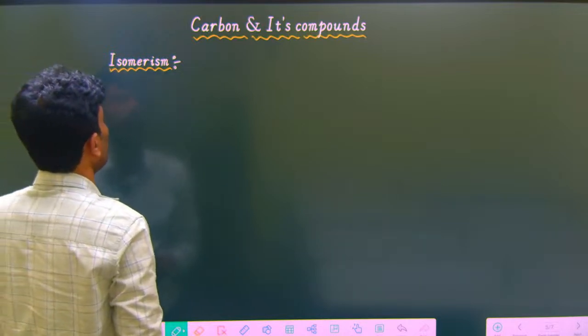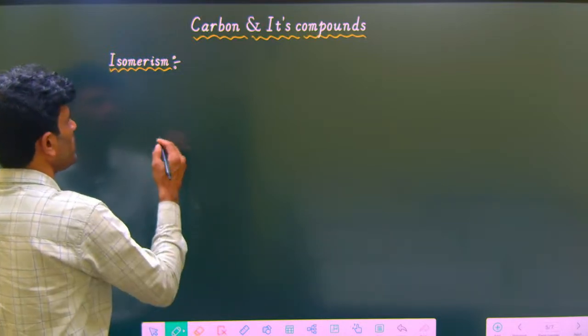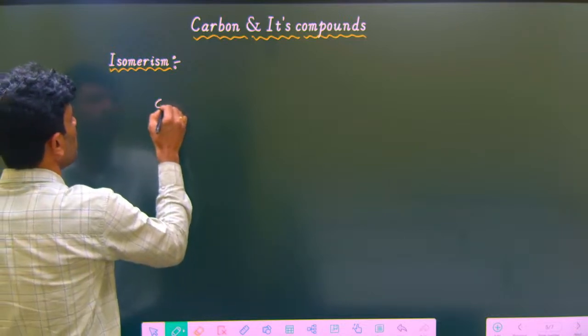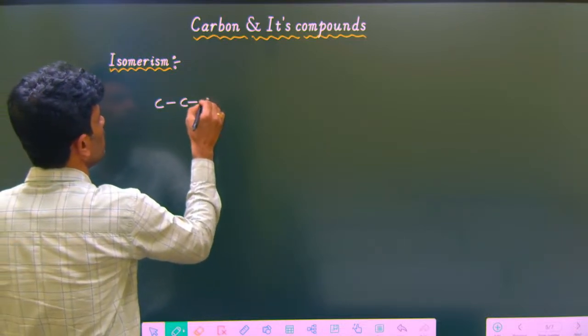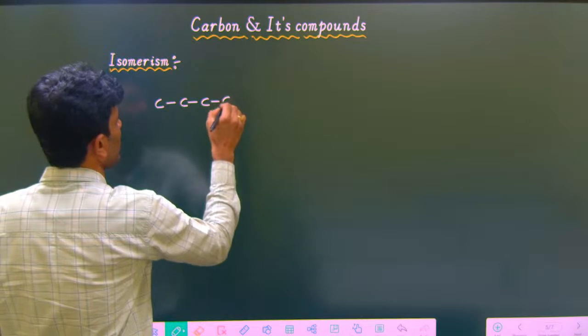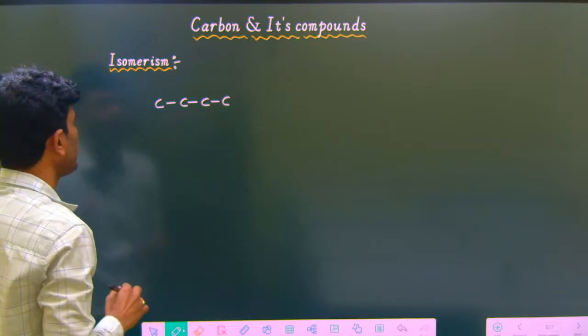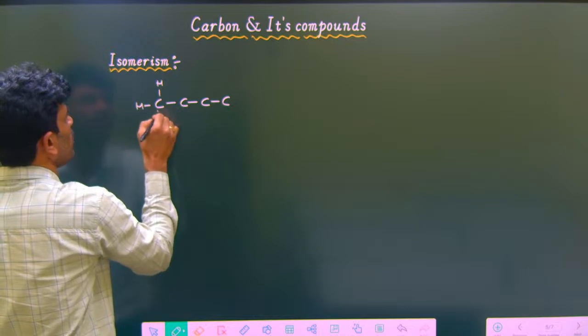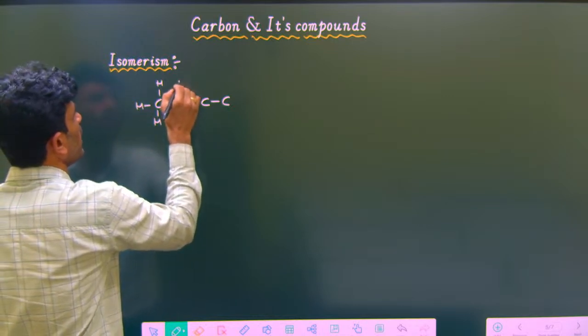Let us see one example. How many different ways can we draw butane? Butane, normal butane, or we also call it N-butane. 4 carbons will be there as it is, and hydrogens like this. This is N-butane.